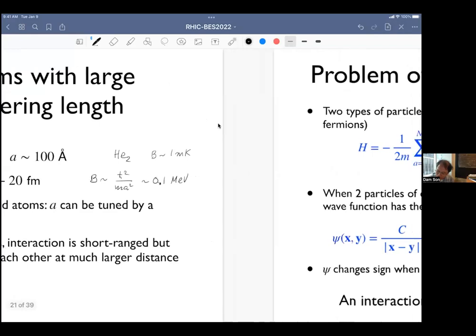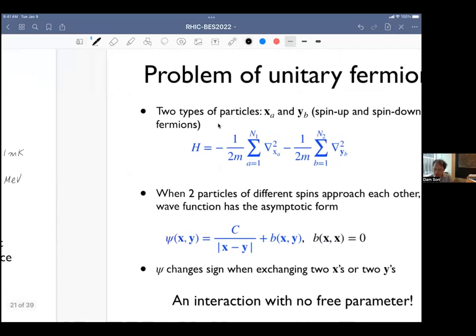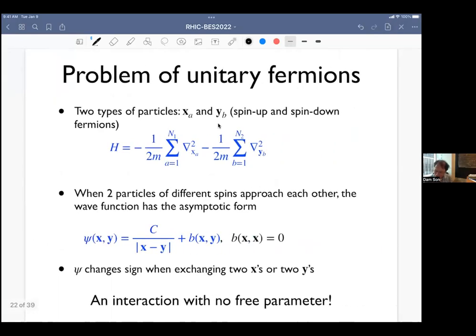Okay, so in the case of unitary fermions, we can formulate the problem formally in the following way. This problem can be defined in a way that does not require the specification of any limiting procedure with any potential.